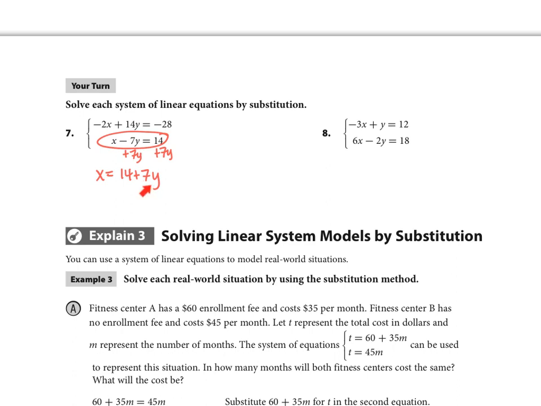And that means x is equal to this 14 plus 7y. I'm going to replace x with 14 plus 7y. Instead of the negative 2x in the first equation, it's negative 2 times 14 plus 7y, plus 14y equals negative 28. Then we go through and we solve it.